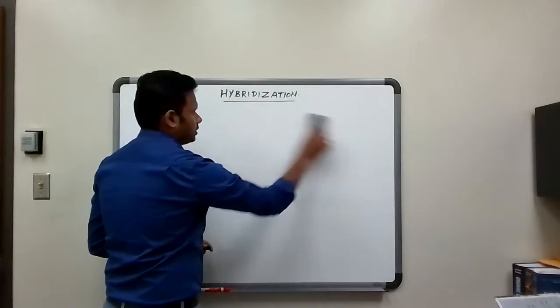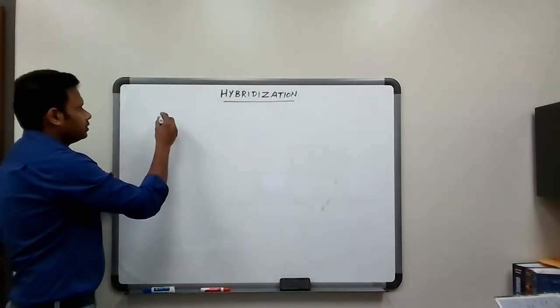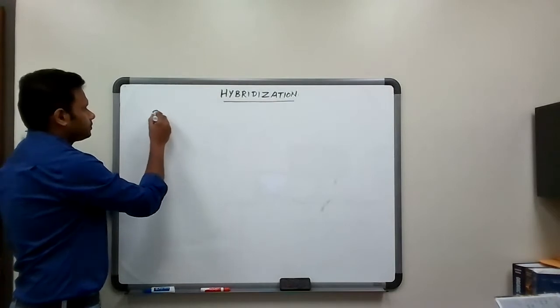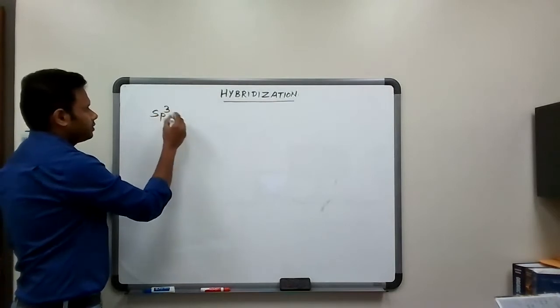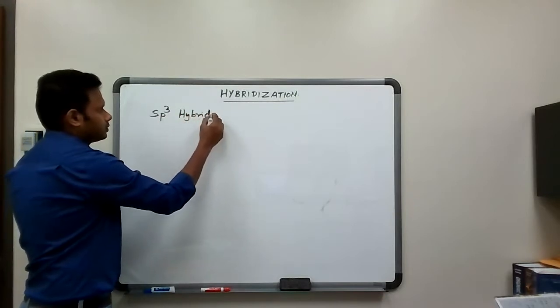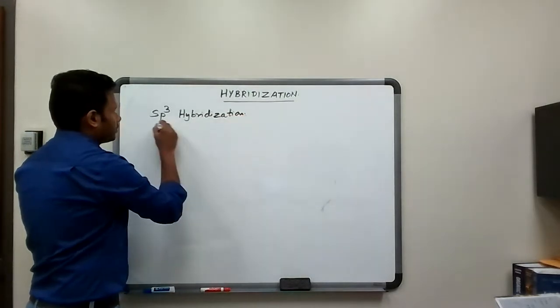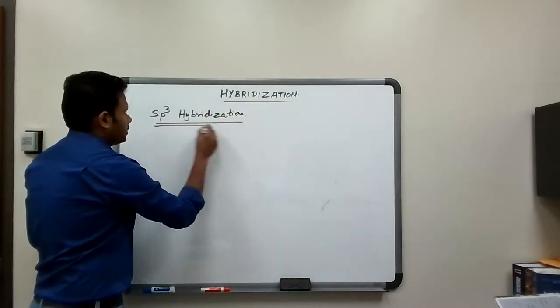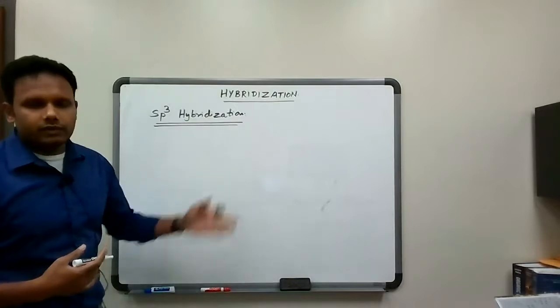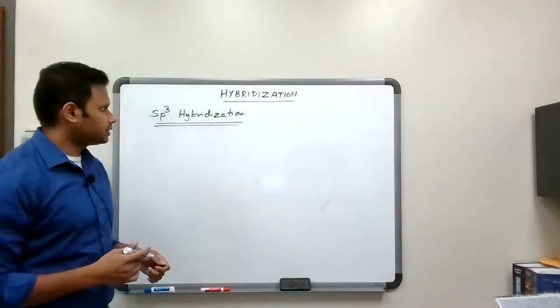So to start off, we're going to discuss sp3 hybridization. And we'll also discuss the need for this. Why do we need to hybridize? What is this concept of hybridization?